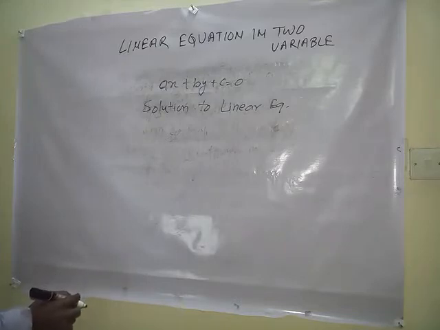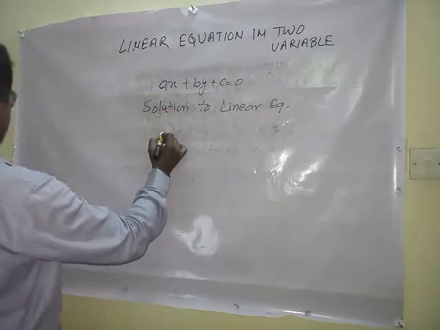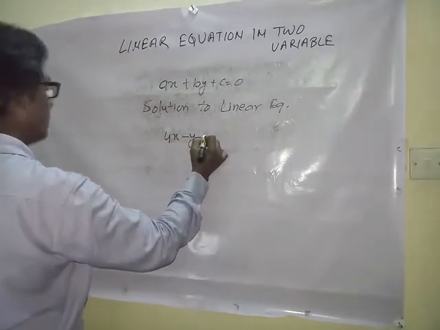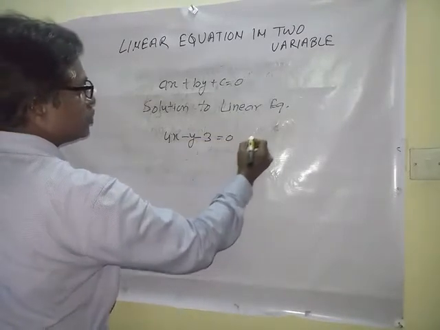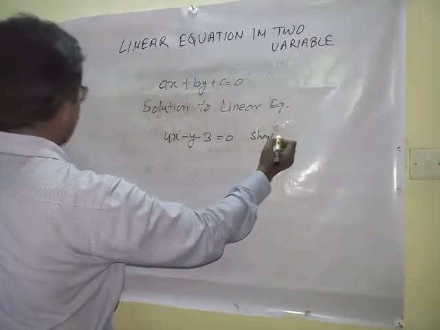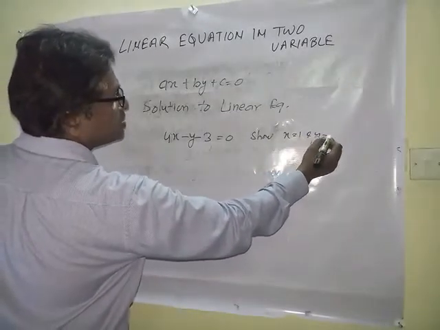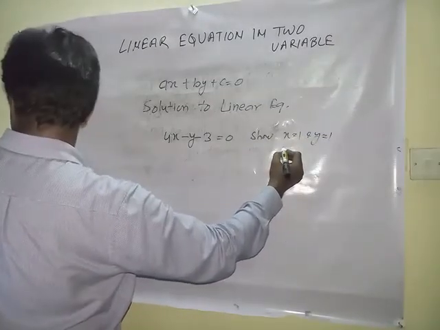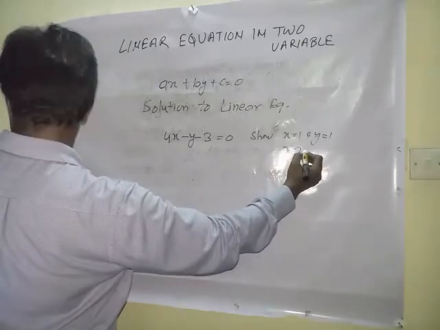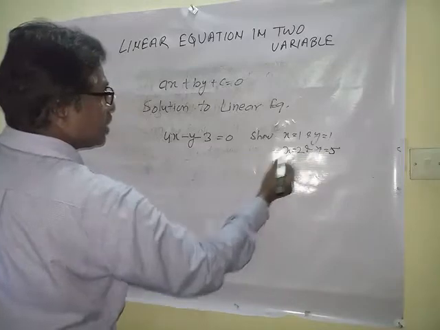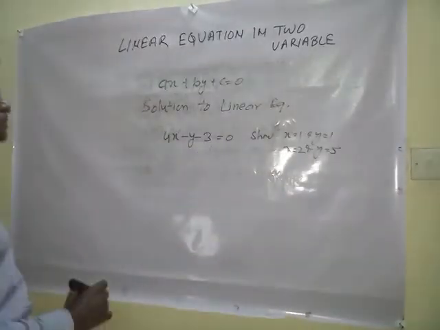Let's take some example. One equation is given, 4x minus y minus 3 is equal to 0. Show that x is equal to 1 and y is equal to 1, and the second set, x is equal to 2 and y is equal to 5, are solutions to this equation.